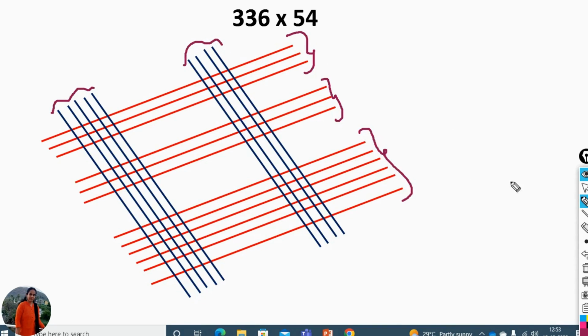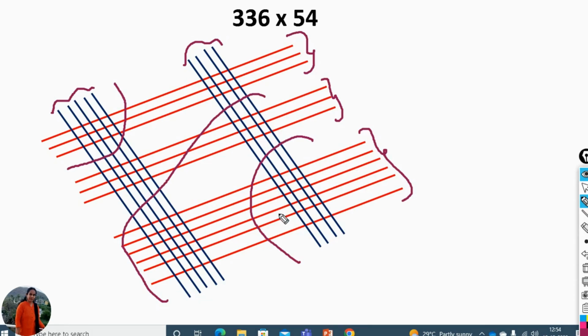Next we have to partition into zones. So this is the first zone. This is the second zone, this is the third zone, and this is the last zone. Let us check how many intersecting points for zone 1. How many blue lines? 4 blue lines and 6 red lines.